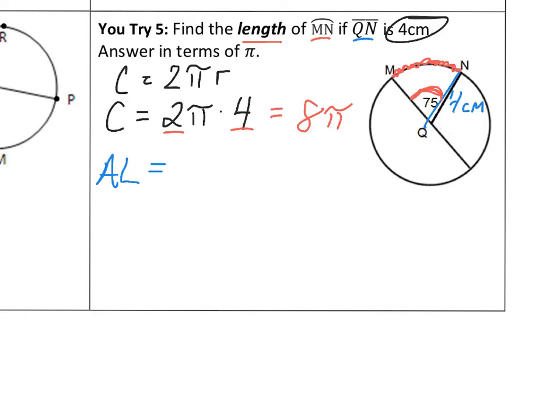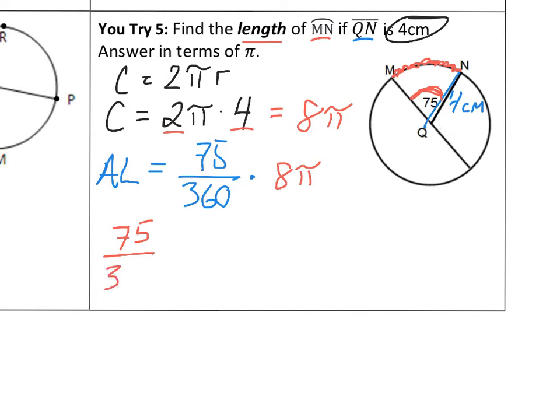Now, once you get the circumference, now you can worry about finding the arc length. So to calculate the arc length, if you remember from our formula up above, it's going to be the measure of the central angle that opens up to that arc over 360 multiplied by the circumference. All right. Now, remember, when you're multiplying these two, put them both in fraction form.